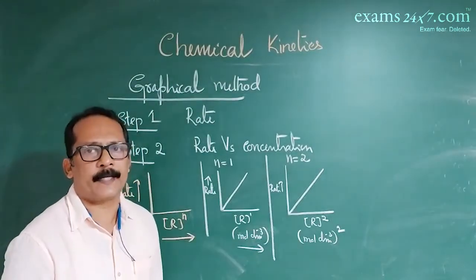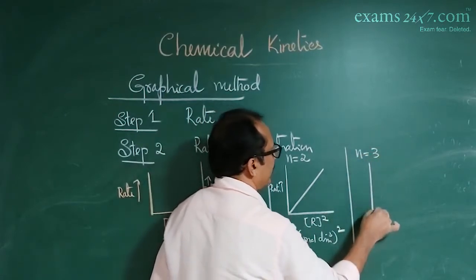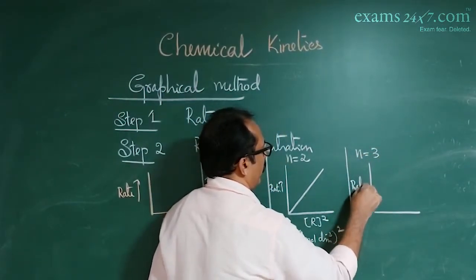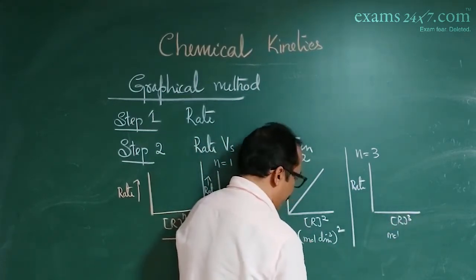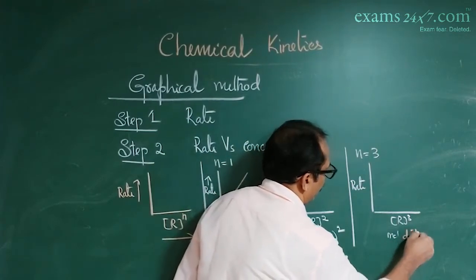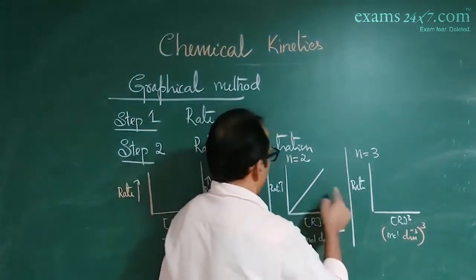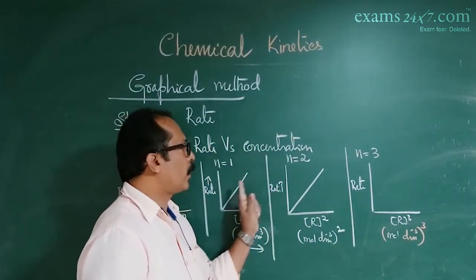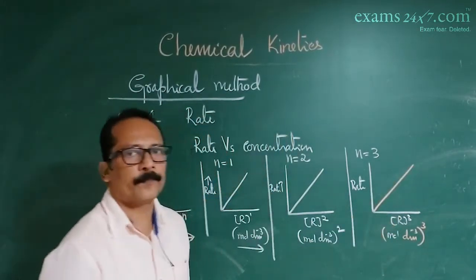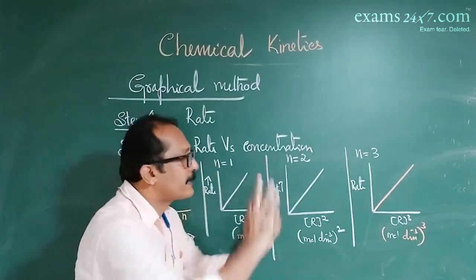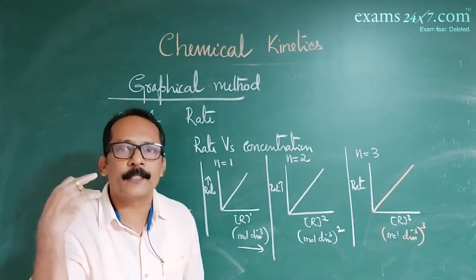Even here if there is no straight line, then go for a third order reaction, by taking the value of n equal to 3: rate of the reaction versus mole per dm cube raised to power 3. If you do not get a straight line for first order and second order, then for third order you will get the straight line. Even for these three values, n equals 1, 2, 3, if there is no straight line, then there is one more option.